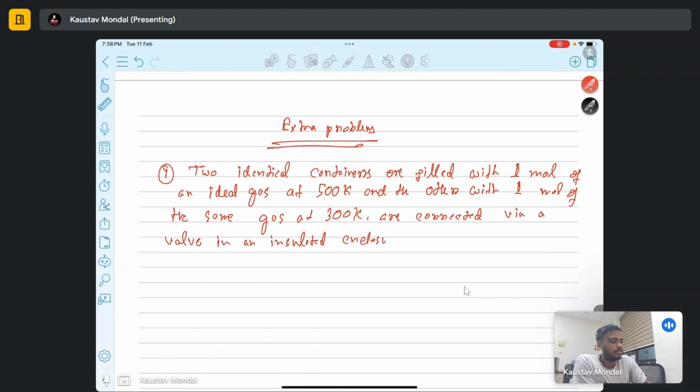enclosure. Insulated enclosure signifies that, for the external surroundings, no heat comes into the system or goes out of the system.